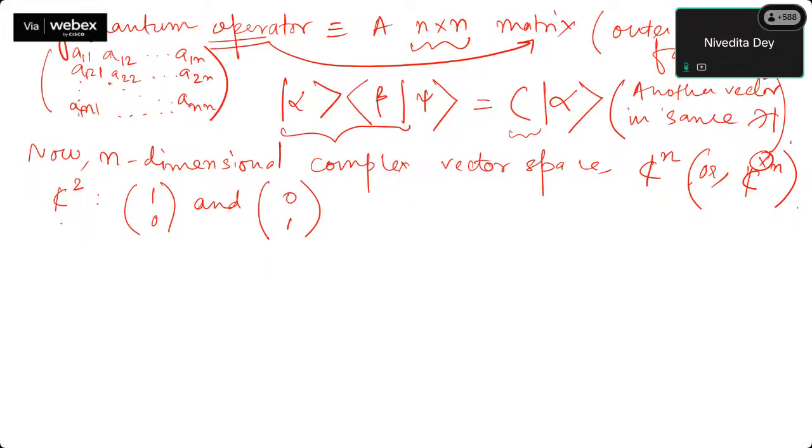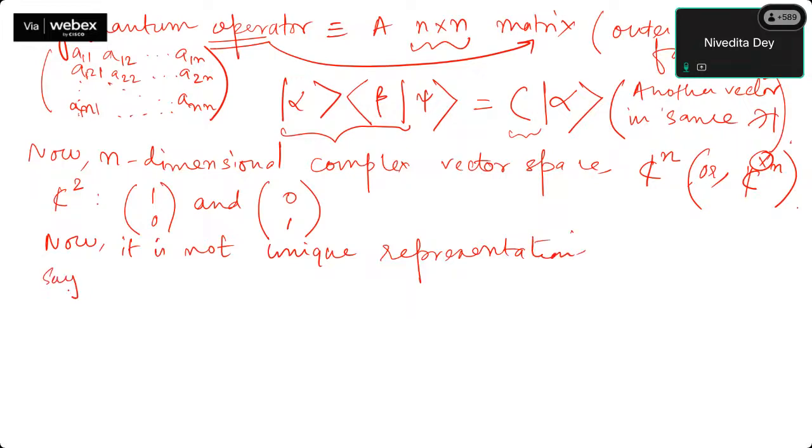Now, this is not a unique representation, of course. Why? Say I take 1 1, or say 1 minus 1. What is the problem with these?